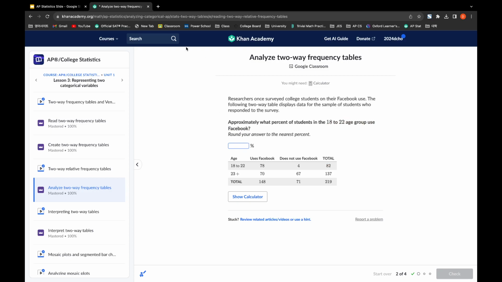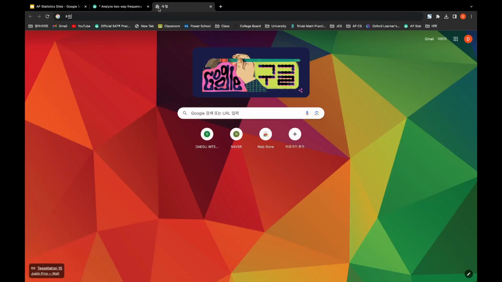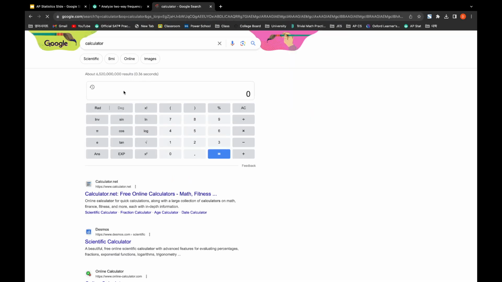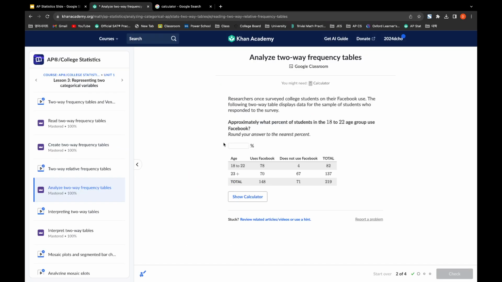So if we divide 78 by 82, it's around 0.9512. Since it's percent, it's 95%.